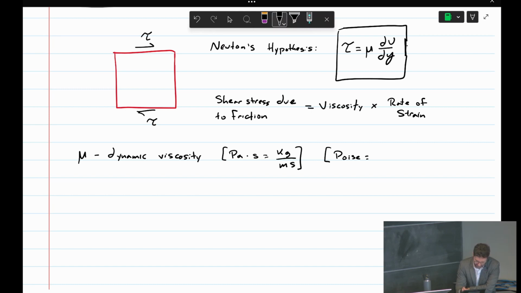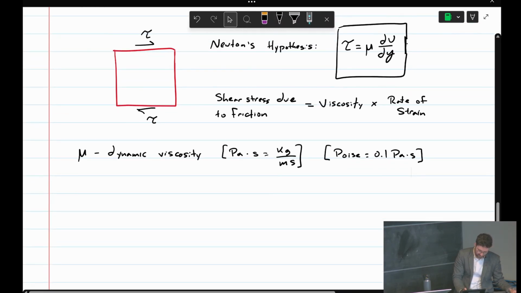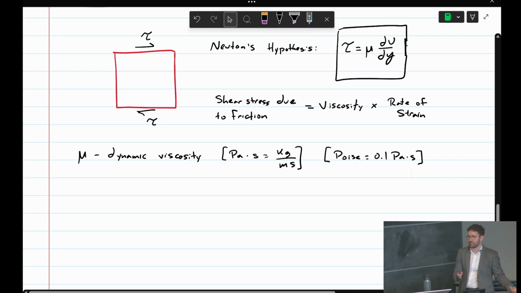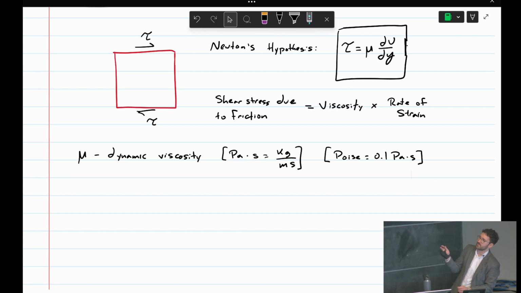One poise is 0.1 Pascal seconds, but we'll generally use Pascal seconds in this course. So that's dynamic viscosity. Now we understand that under Newton's hypothesis, the viscosity tells us how much shear stress is created by a certain rate of change in a fluid.